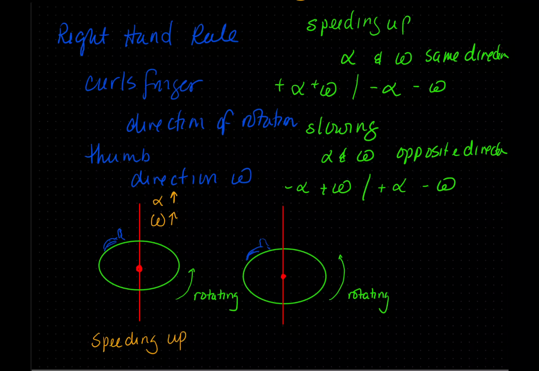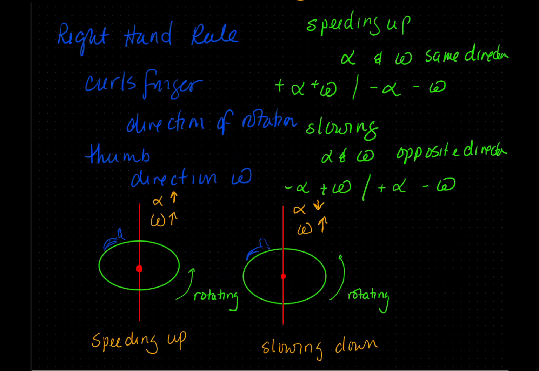So in the second picture, we also know that the angular velocity is pointing up because the object is rotating counterclockwise, so that's where the curl of my fingers is, and my thumb points straight up. So that is the direction of my angular velocity. So if it's slowing down, my angular acceleration must be in the opposite direction.